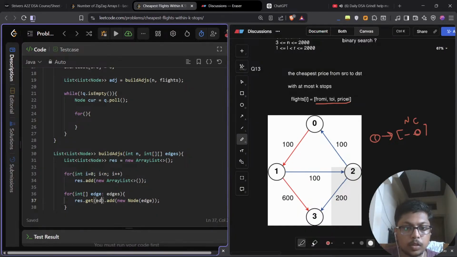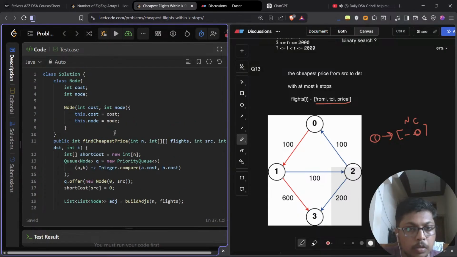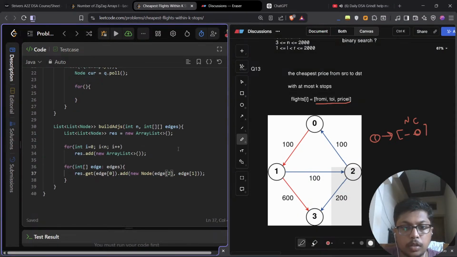So the edge is an array of 2 and 3. So 0. The second thing would be to. It's the edge of this and the price. Once we know that the cost is there, then afterwards it's the constructor.